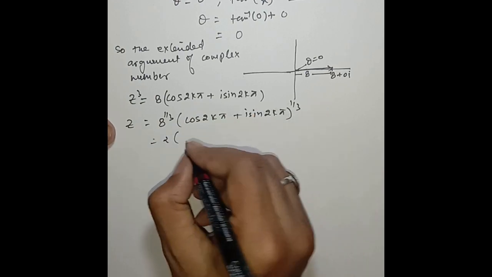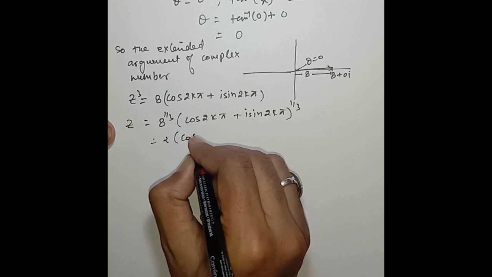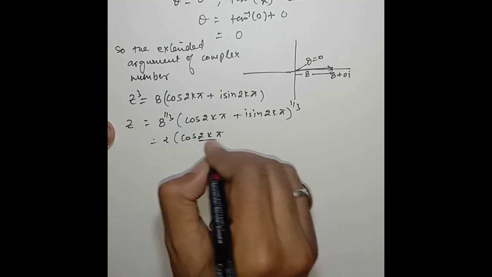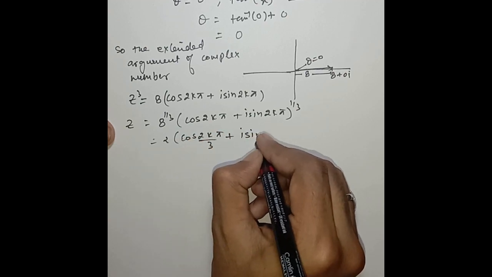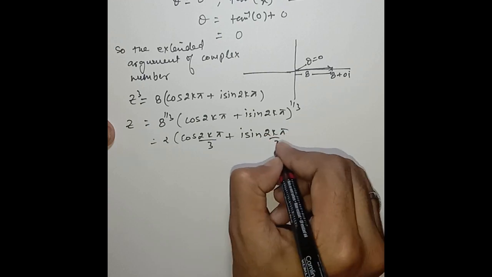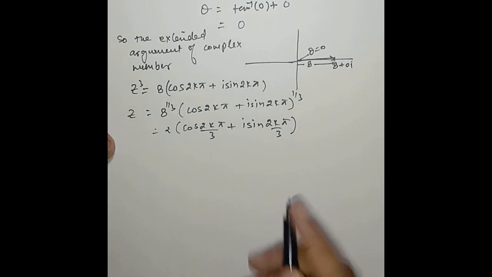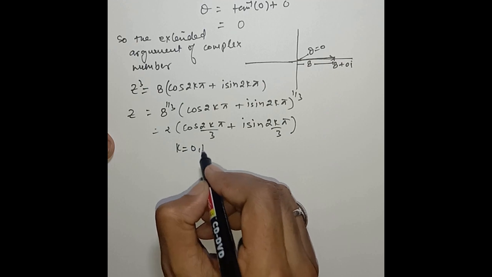And by De Moivre's theorem, we can write cos 2kπ/3 plus i sin 2kπ/3, where k is equal to 0, 1, 2.